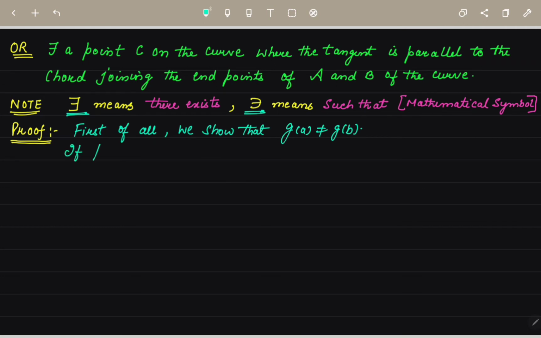So I will write: if possible, suppose that g(a) is equal to g(b).